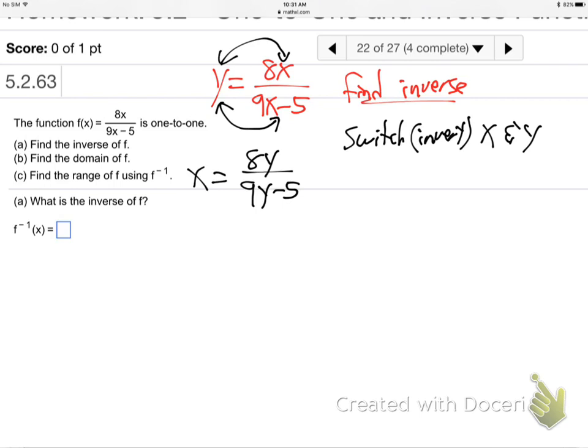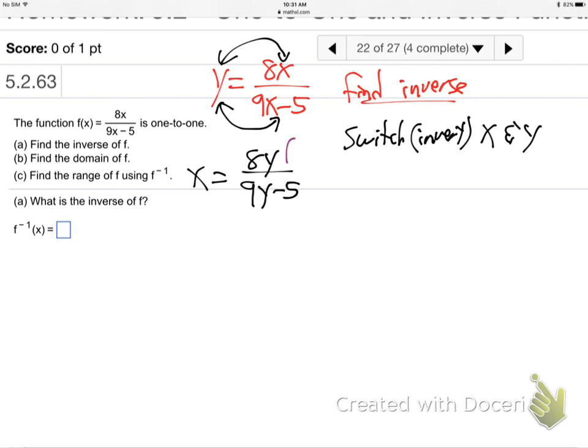Solve for y, either cross multiply or multiply by the denominator, 9y minus 5. Solve for y there. All right, you're doing well.